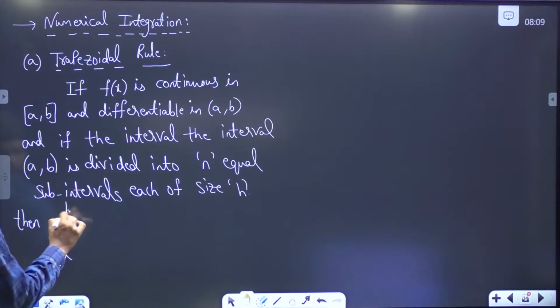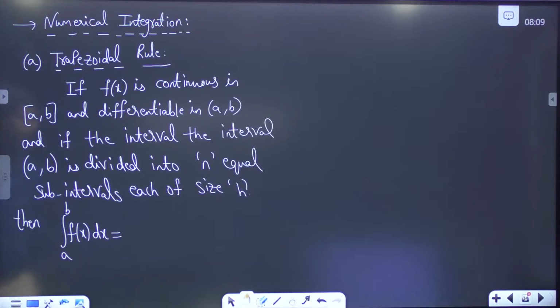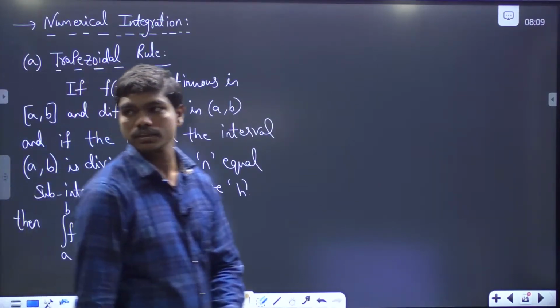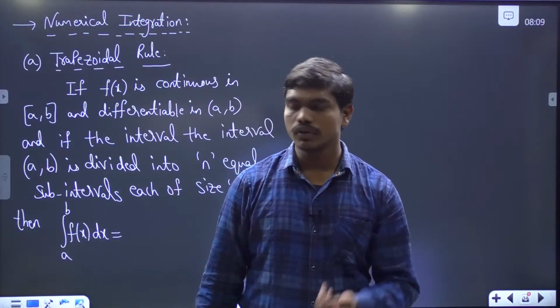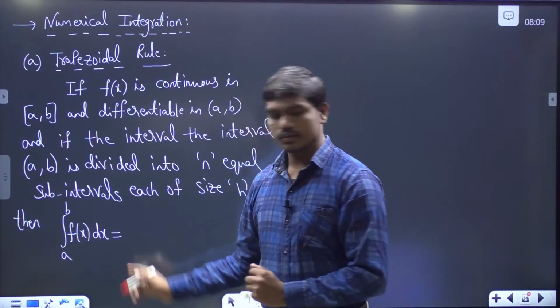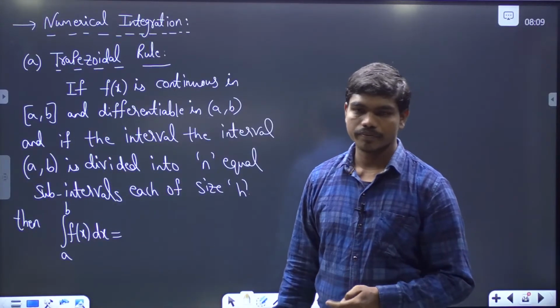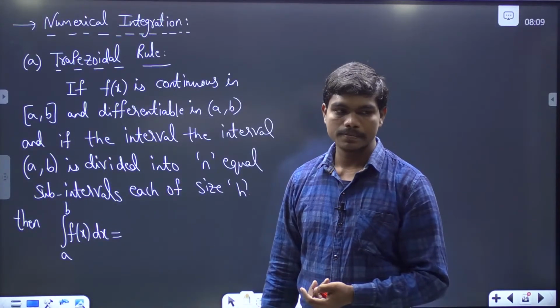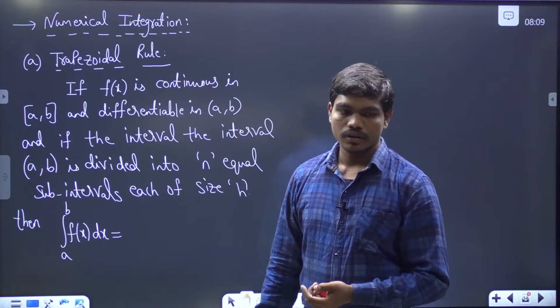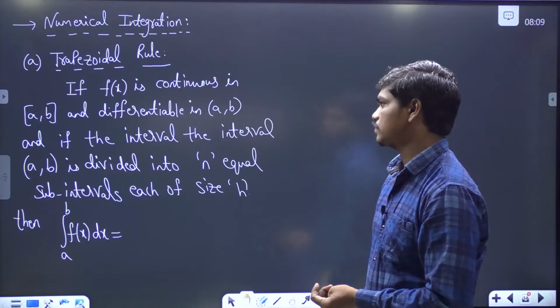Then the integral a to b f of x dx is equal to... can someone remember the formula and tell me? Of course, I'll derive the formula, no issues. That's a simple thing to derive here. But do you have any basic idea of what the answer is here?